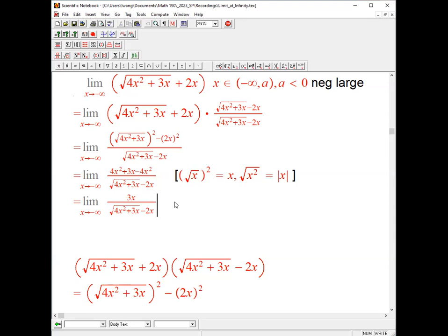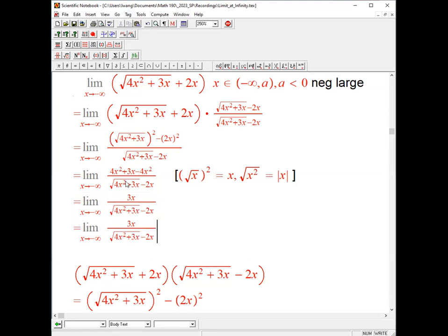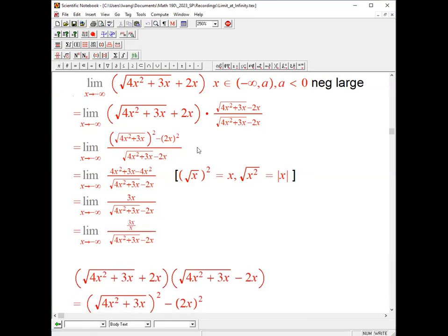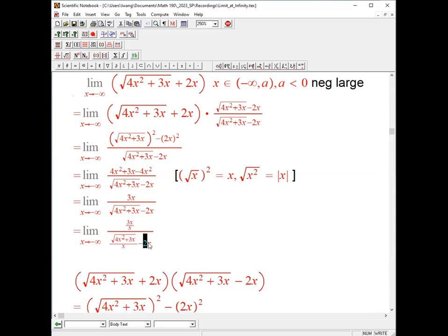What do we do? That's right, we're going to divide the top and bottom by x. So this is divided by x, and x is negatively large, so we can do that. This piece divided by x, and that piece divided by x.